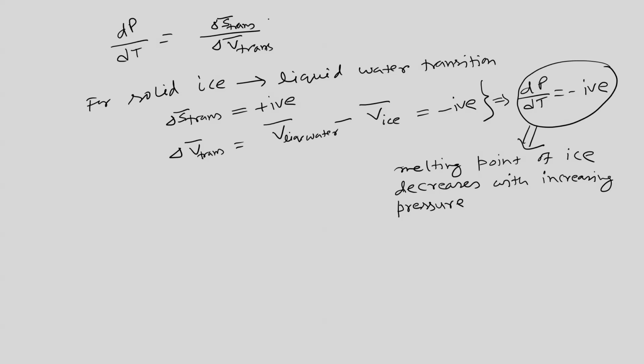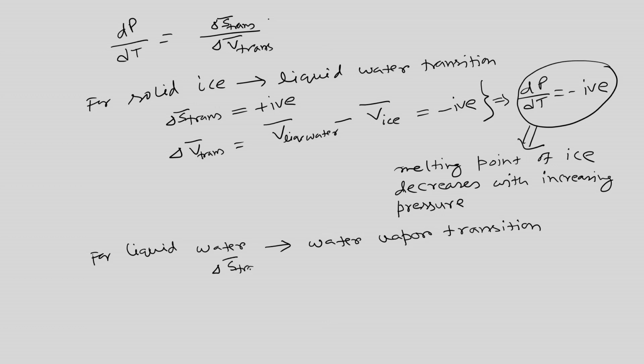Okay. Now, you consider the liquid water to water vapor transition. So, in this case also delta S transition is positive, right, because liquid water goes to water vapor, so chaos increases. Okay.